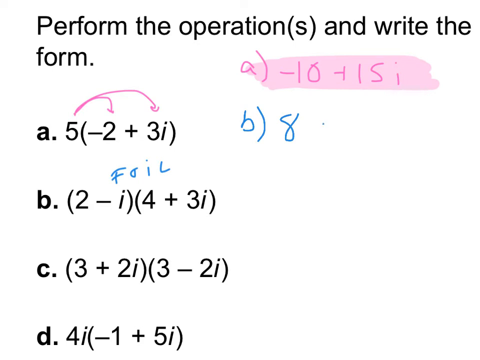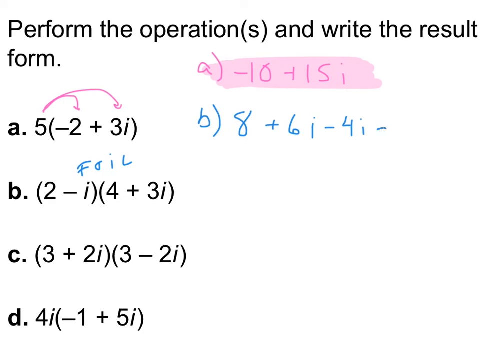So that would give us 6i, and then the insides together, so minus 4i, and then the last terms, here we would have negative 3i squared. So we combine our like terms, so we have 8. 6i minus 4i would be positive 2i, and then minus 3i squared.